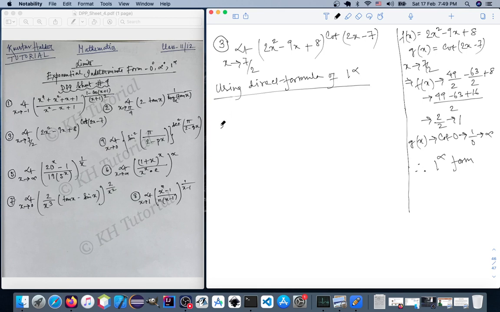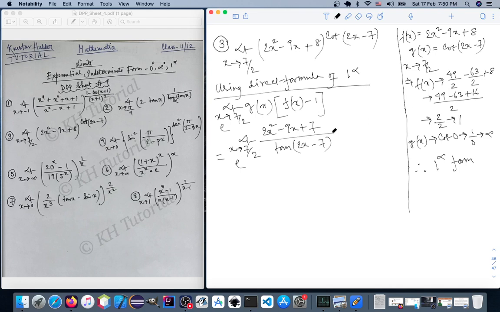We get this equals e to the power limit x tends to 7 by 2 of fx minus 1. fx minus 1 is 2x square minus 9x plus 7 divided by gx, which is tan of 2x minus 7.